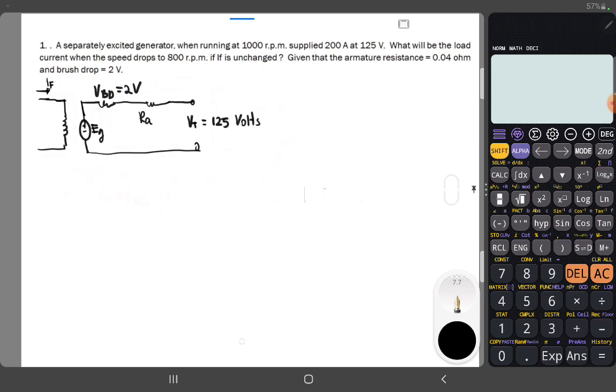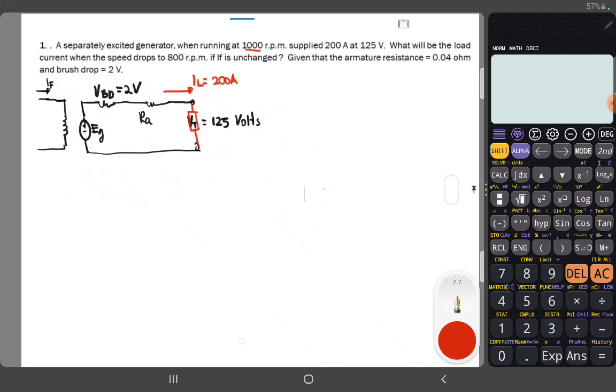Now, from here we have our VT is equal to 125 volts, and the load is consuming a current IL equal to 200 ampere. Okay, now that is the load current. Now this is the load current at 1000 RPM.